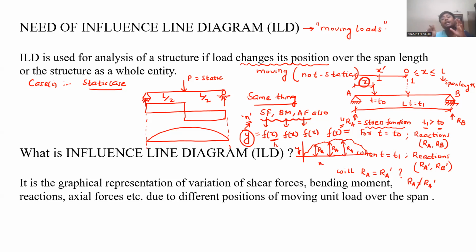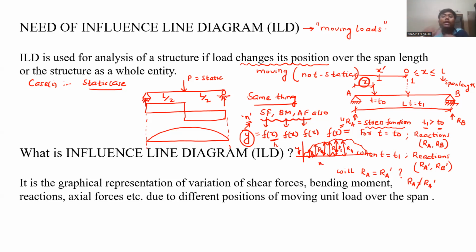So in the complete ILD, when you are drawing for RA, each and every ordinate represents that reaction, or that stress function actually. At any point, this point also represents RA. If you are drawing the ILD for RA, this function represents RA. So the complete graph represents RA.